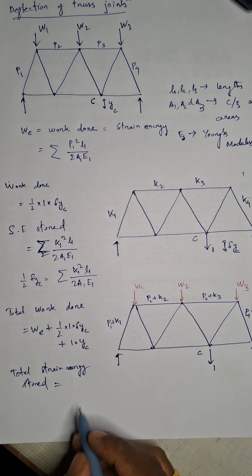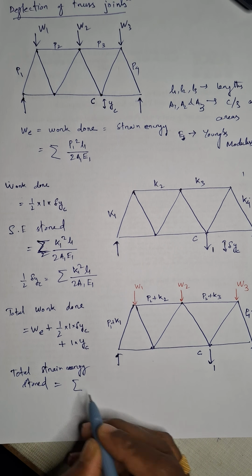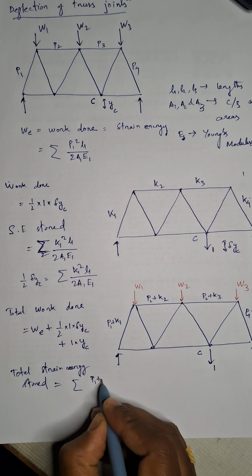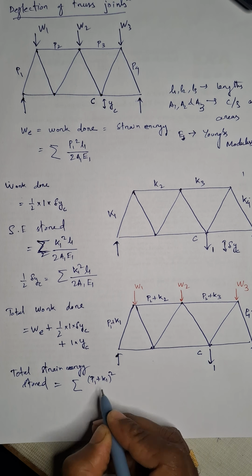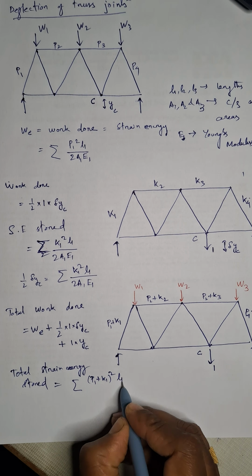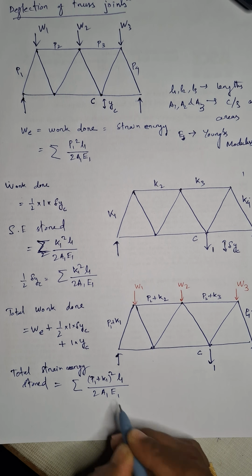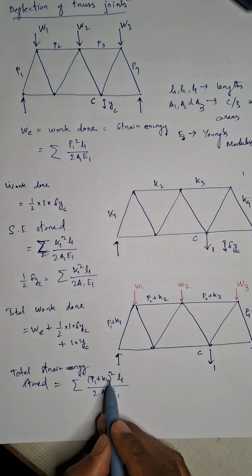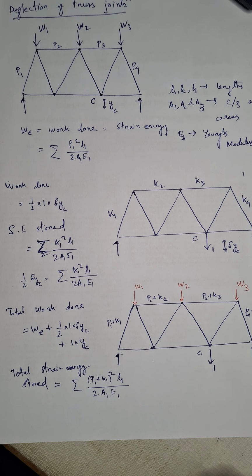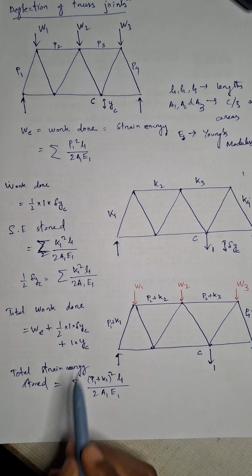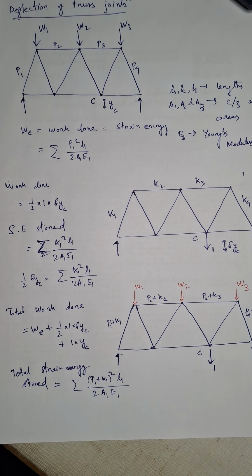If we apply the formula of summation of loading square, then what will it be? P1 plus K1 whole square for this member into L1 divided by 2A1E. Now this is for both the loading conditions, summation for all the members. So total work done and total strain energy stored must be equal.